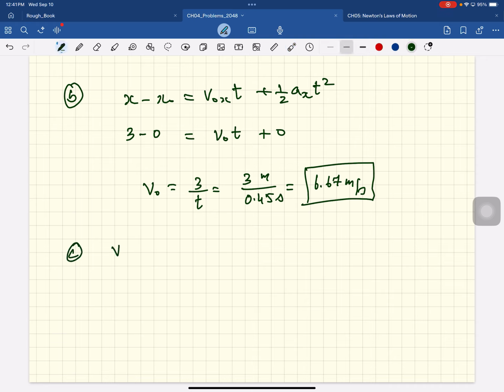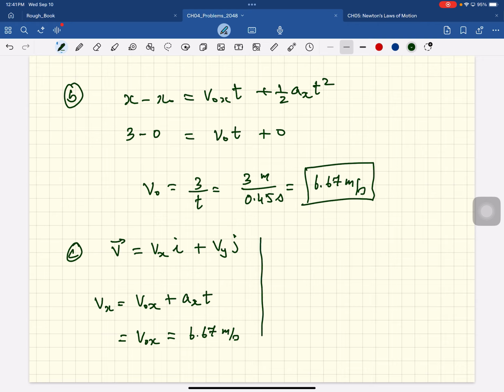The final velocity is Vx i plus Vy j. So we have to calculate the two components. Vx is V naught x plus Ax t. The final Vx is the initial Vx because Ax was 0, and we just found that it is 6.67 meters per second. Vy is V naught y plus Ay t.